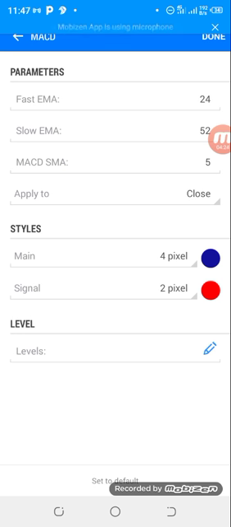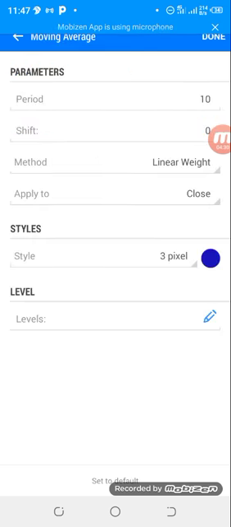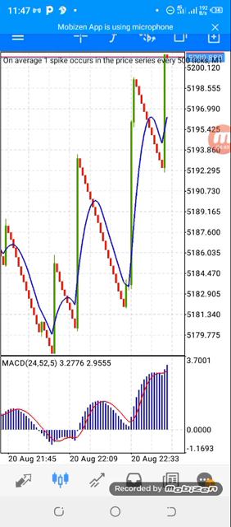The only change is MACD SMA 5. And on my main chart, I added period 10 linear weighted, applied to close, and my style is 3. I use dark blue. You can use any color of your choice, but to me, I like using dark blue.